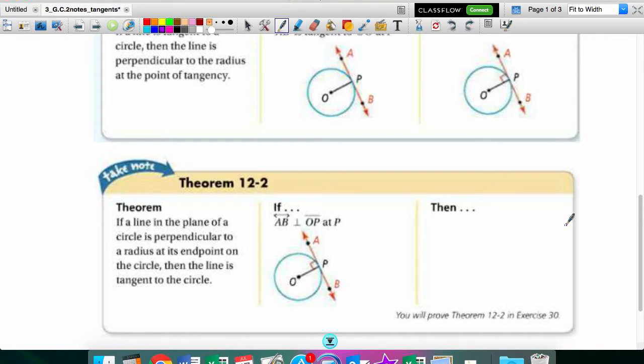So then in this conclusion, we would state that line AB is tangent to circle O at point P.